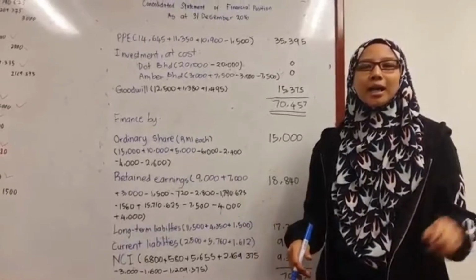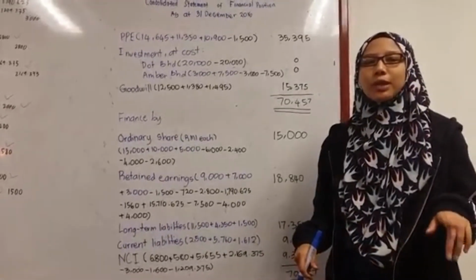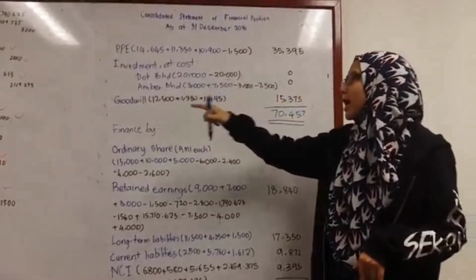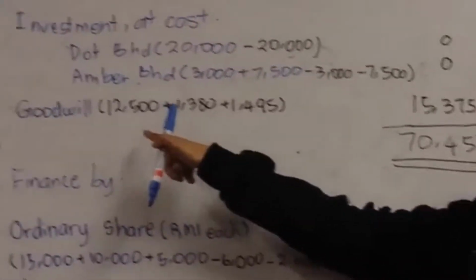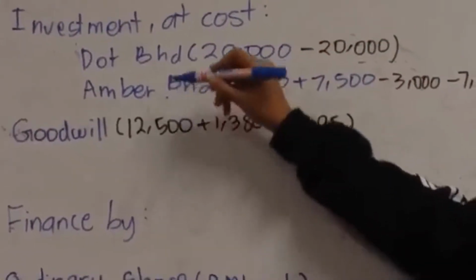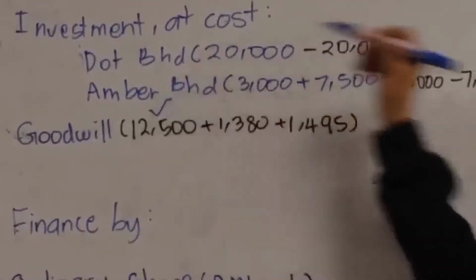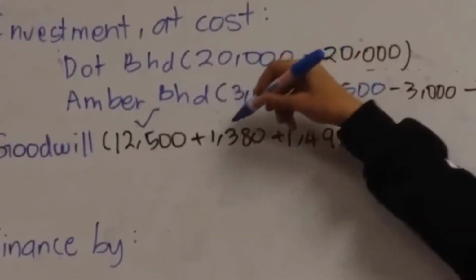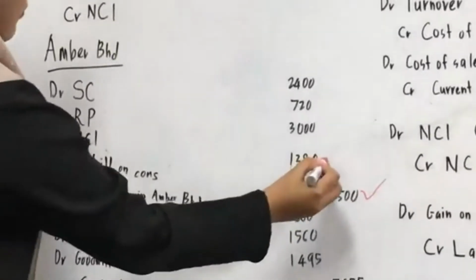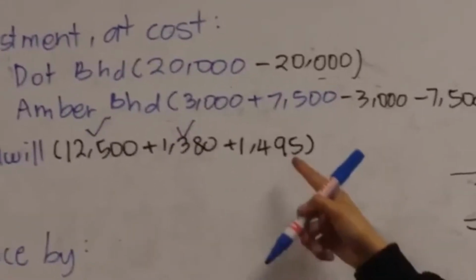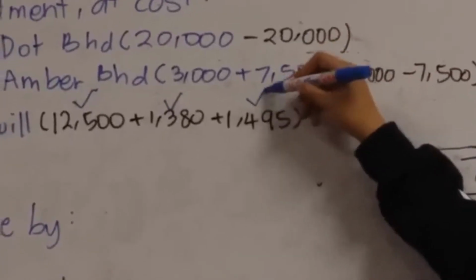For this, we already calculate the goodwill, so we need to include the goodwill inside the financial position. So for goodwill, as we already debit goodwill, we need to add all the goodwill that we debit. So we debit 12,500, so we need to add here. We also debit 1,380, so we also need to add, and we also need to add 1,495 as we already debit it also.